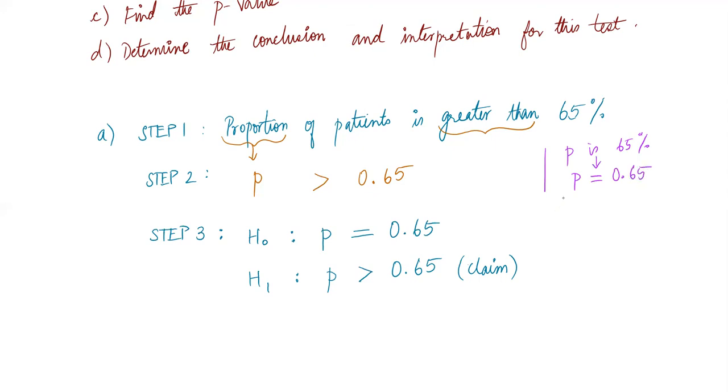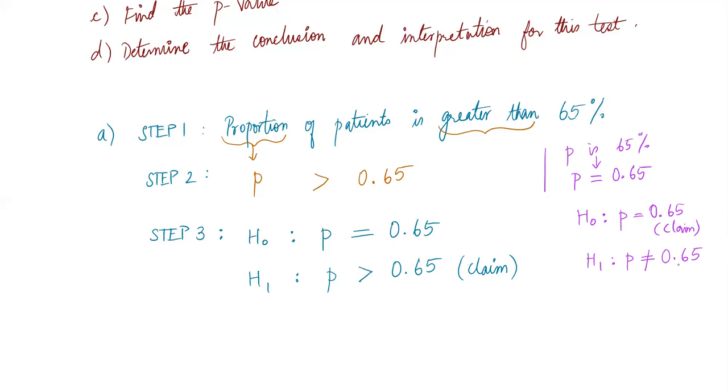And then if that was your step 2, then in step 3, you would write the one with the equals and call that the claim, because your claim already had the equals. Because your claim had the equals, your H1 must be the opposite of it. So you'll say not equals 0.65. Your claim is equals, but your alternate hypothesis is not equals.